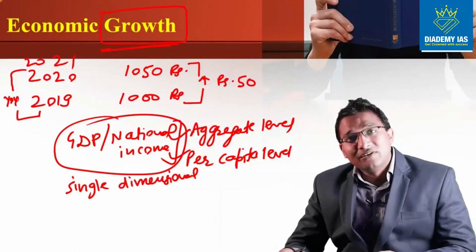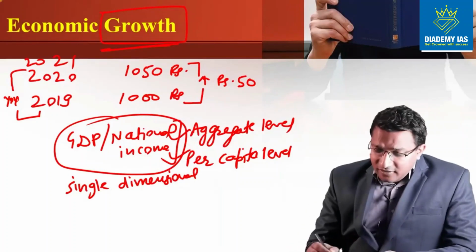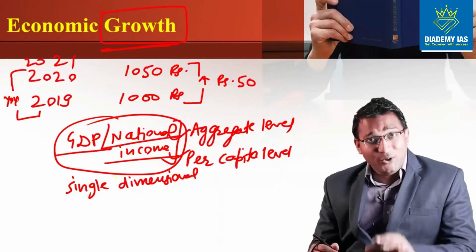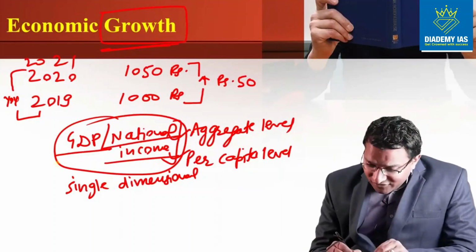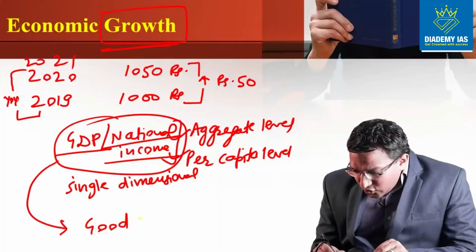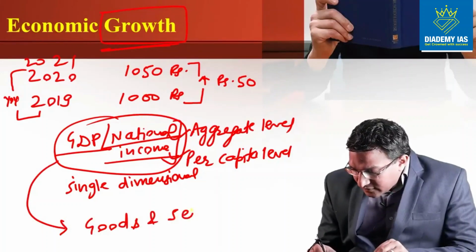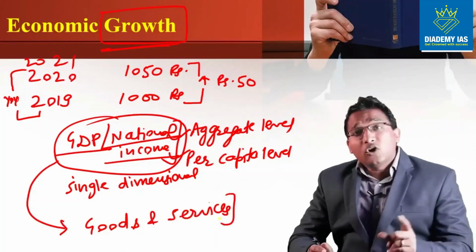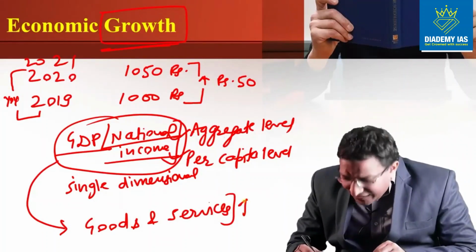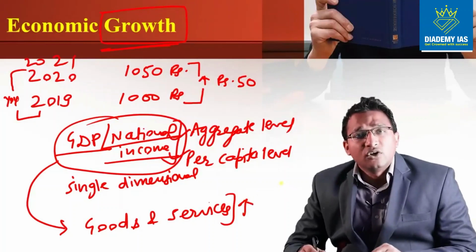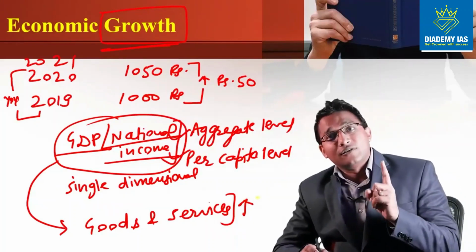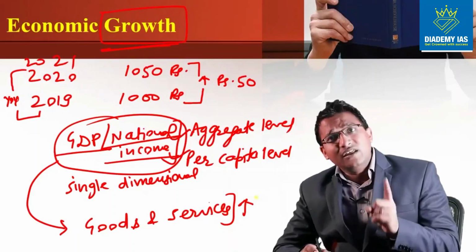It is single dimensional. And this GDP and national income, what does this indicate? In simple words, GDP and national income indicate the value of goods and services. So economic growth is indicating that there is an increase in the value of production of goods and services if we compare with the previous year.